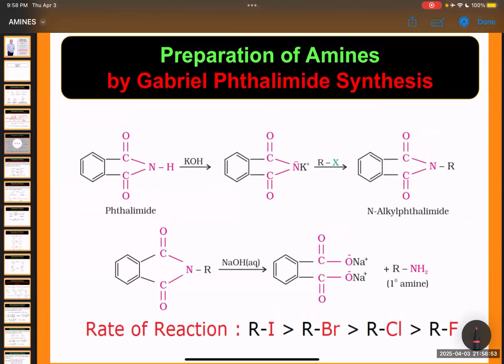This is a very important method. And what's the advantage over ammonolysis? Both are studied simultaneously. So can you explain to me what's the advantage over ammonolysis? And this is the Gabriel phthalimide synthesis.